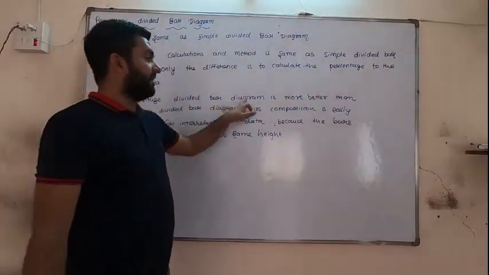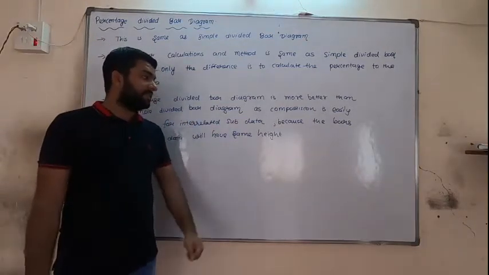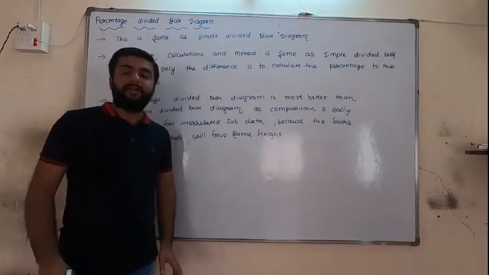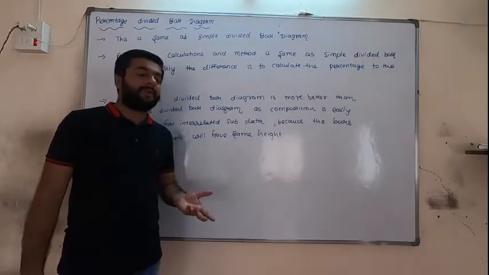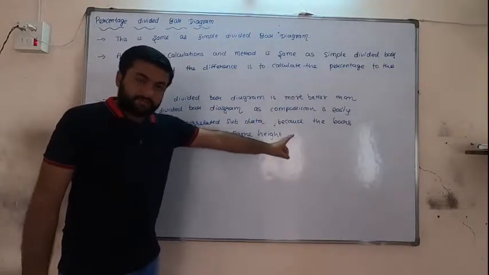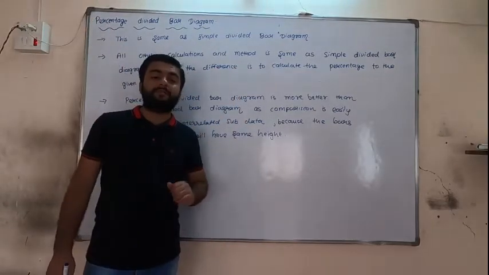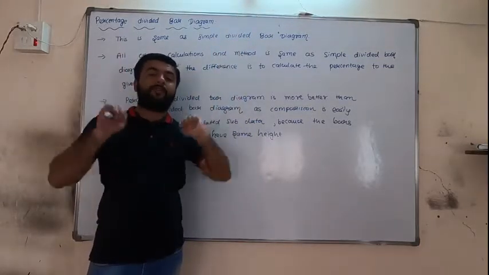Percentage divided bar diagram is better than simple divided bar diagram. What is the reason? Comparison is easily possible for interrelated data. Simple divided bar diagram also has easy comparison, but here the comparison is very easy because the bars of both data will have the same height. In simple divided bar diagram in our previous question, one bar was for 1200, other was for 1000.